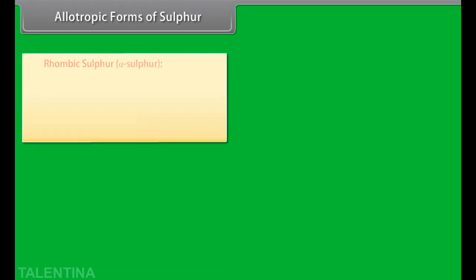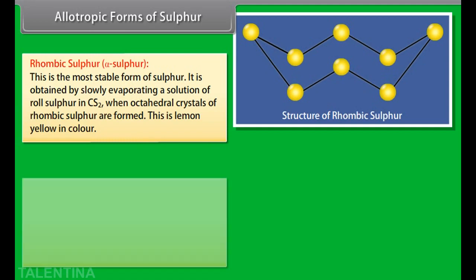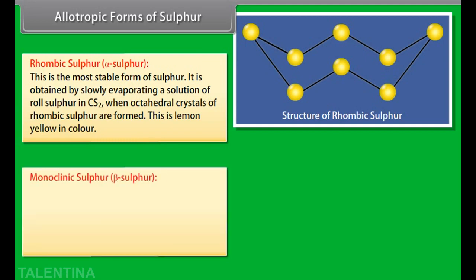Allotropic forms of sulphur. Rhombic sulphur. This is the most stable form of sulphur. It is obtained by slowly evaporating a solution of rolled sulphur in CS2, when octahedral crystals of rhombic sulphur are formed. This is lemon yellow in color. Monoclinic sulphur.